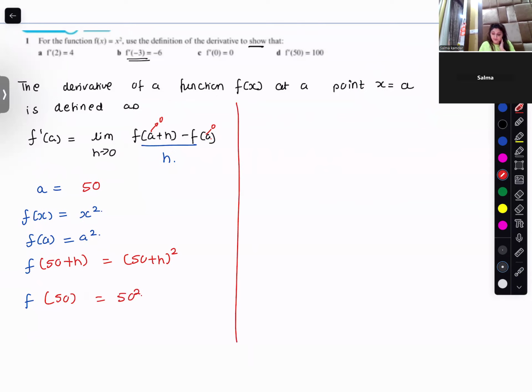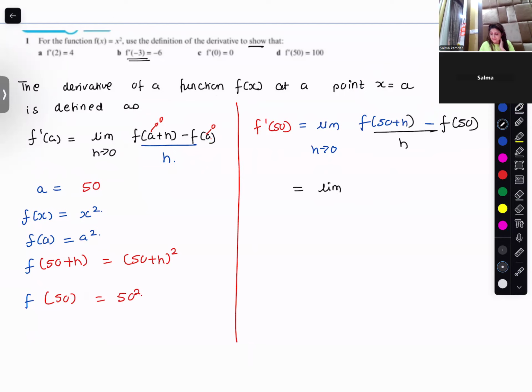Then I put it in the formula: f dash 50 is equal to limit h tends to 0 f of 50 plus h minus f of 50, the whole divided by h.